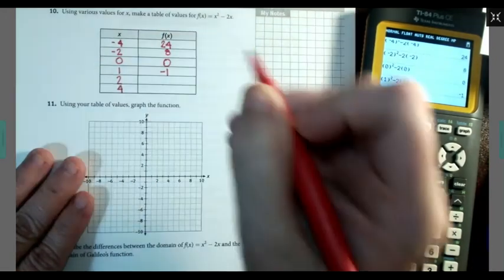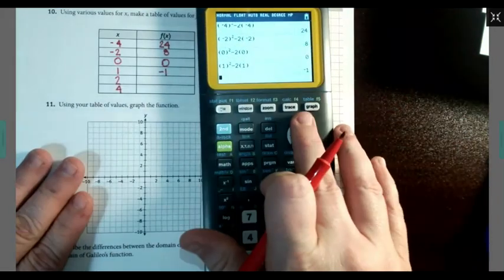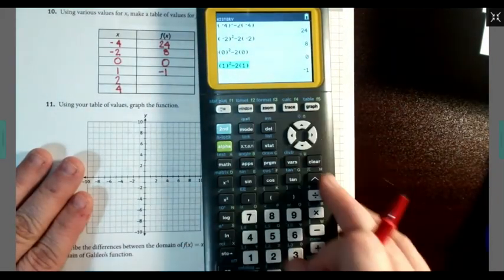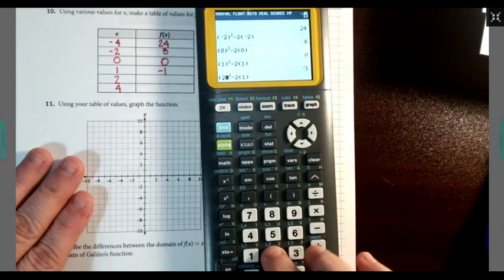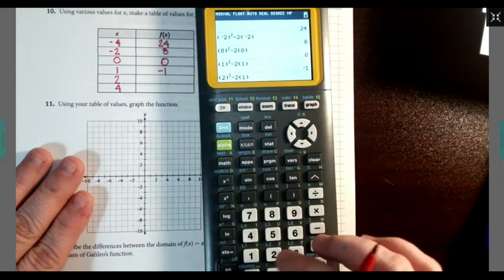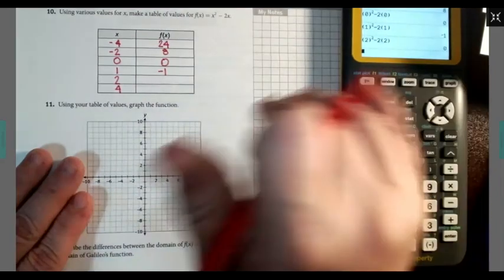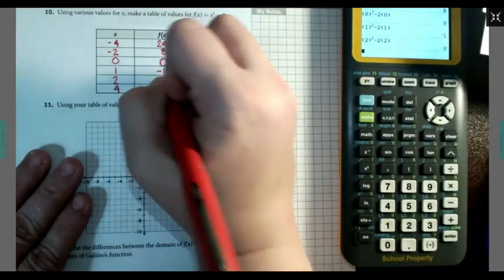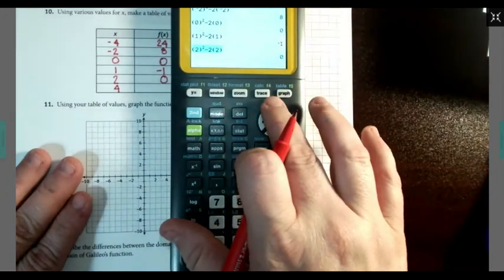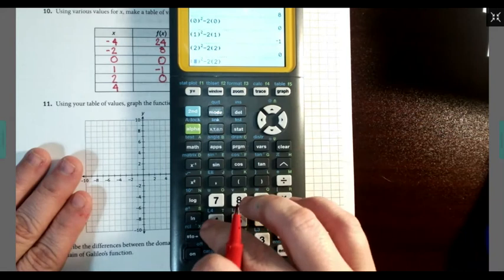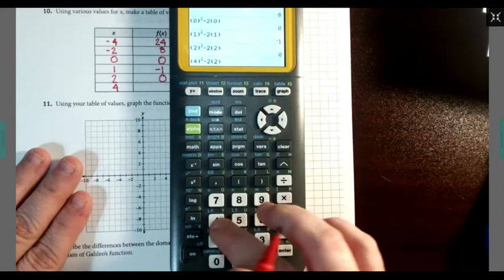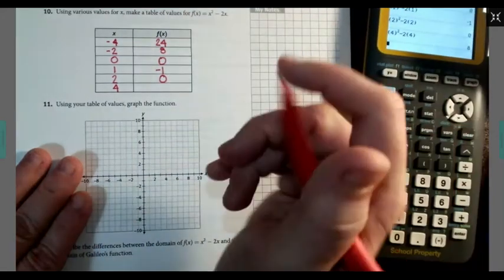One is at -1. Okay, let's try 2. It's going to be 2 and 2. We got 0. And let's try 4. Eight. Okay.